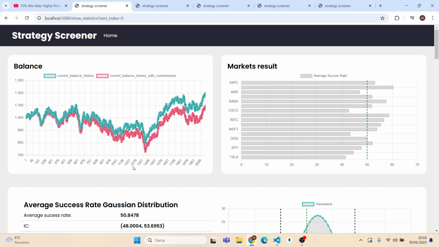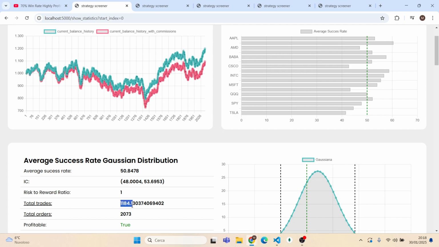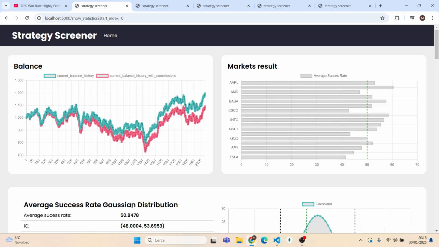And yeah, you're right, this is not the strategy I put in the thumbnail. So was my video a scam, was it fake? No, because this is the balance of the default strategy. As you can see, after about 1000 trades, it almost breaks even, and it's not good.